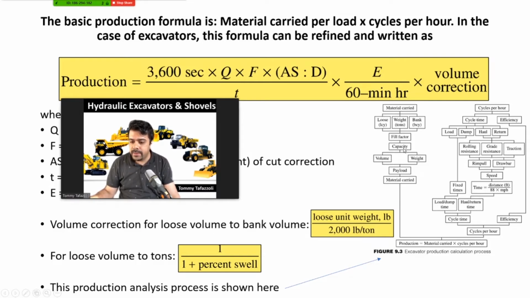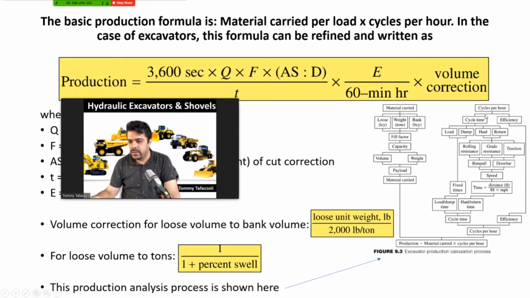The capacity could come in volume or weight, and from there you can find the payload, and from there you can find the material carried. Material carried multiplied by cycles per hour would give you the production per hour, which is the material that can be carried in each hour.